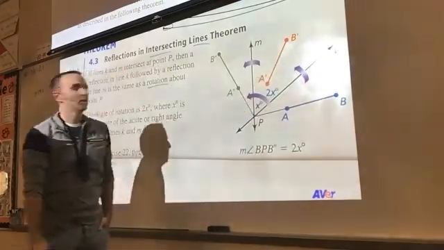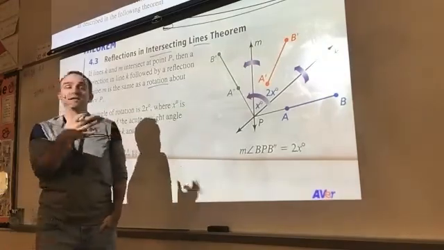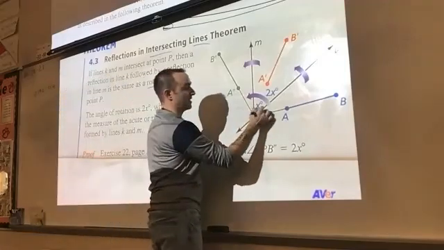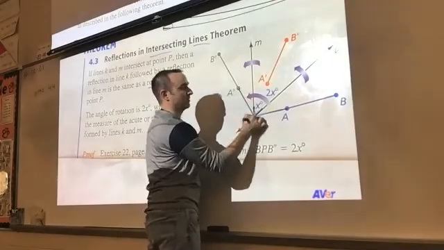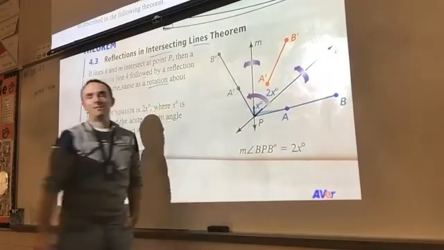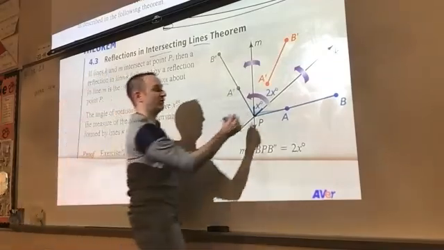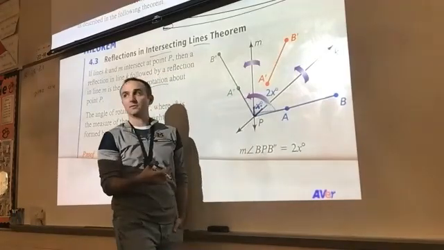Yeah. So this is going to be the same sort of thing as the last one, only instead of distance, they're talking about angle measurement. They're talking about this angle right here, the angle formed when you connect your pre-image point and your image. It's double, the same thing. So if this is 60 degrees, this is 120.